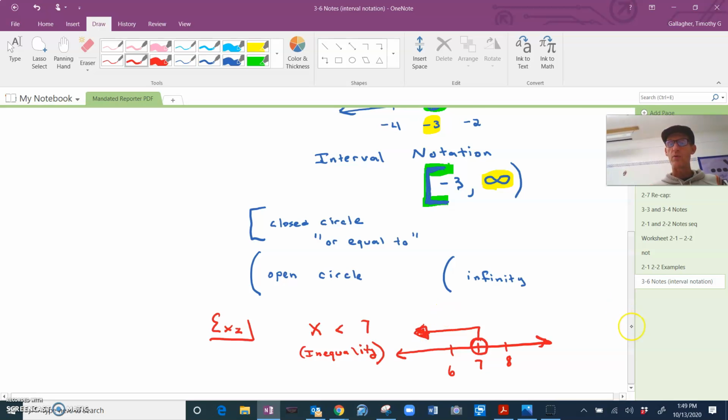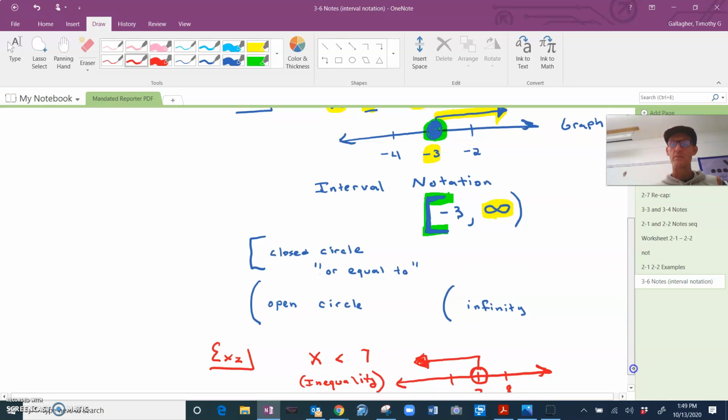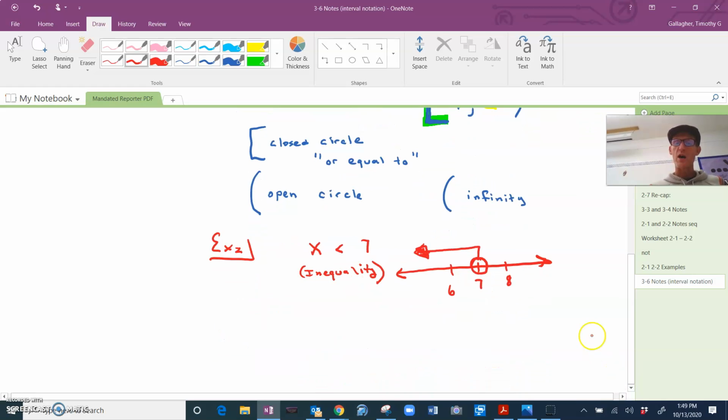In the first example, 3 was the first number that you saw right here, or -3. So that, in interval notation, was written first. In this problem, this is infinity. But it's coming from the negative side, right? Because it's coming from the left.